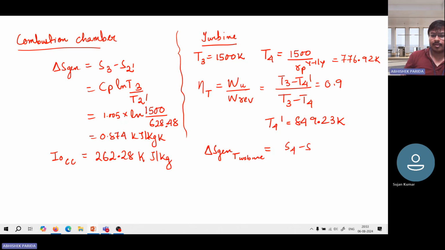S4 minus S3. That is Cp ln T4 by T3 minus R ln P4 by P3. Calculate. And this is nothing but T4 dash, of course.